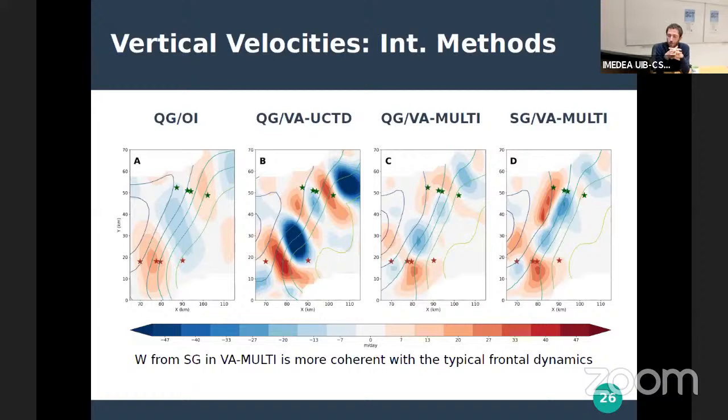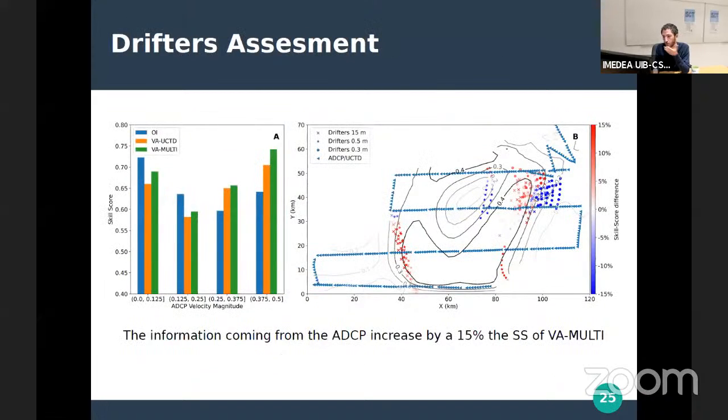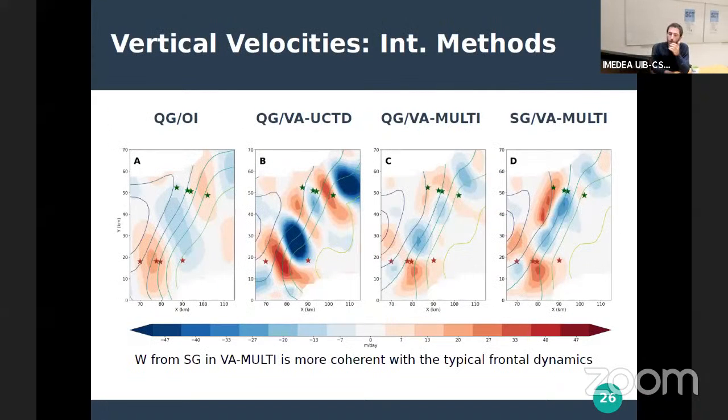Instead, in the variational analysis, they enter in the formula, in the cost function. It's a little bit tricky to go into the detail, but in the end, the correlation scales that I've been using are the same.